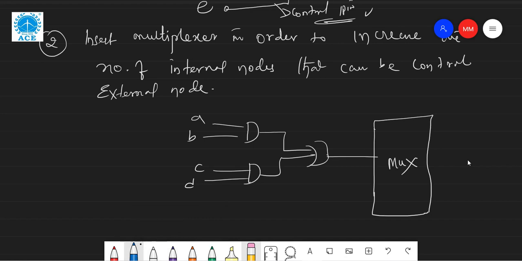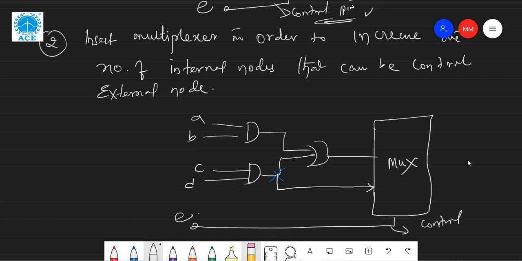Suppose I have a fault here. Then we need to add a connection to the mux, and this control pin is taken as another input. So this is a control test, and this is an external node. Then we have an output like this, and we need to overcome the given faults.